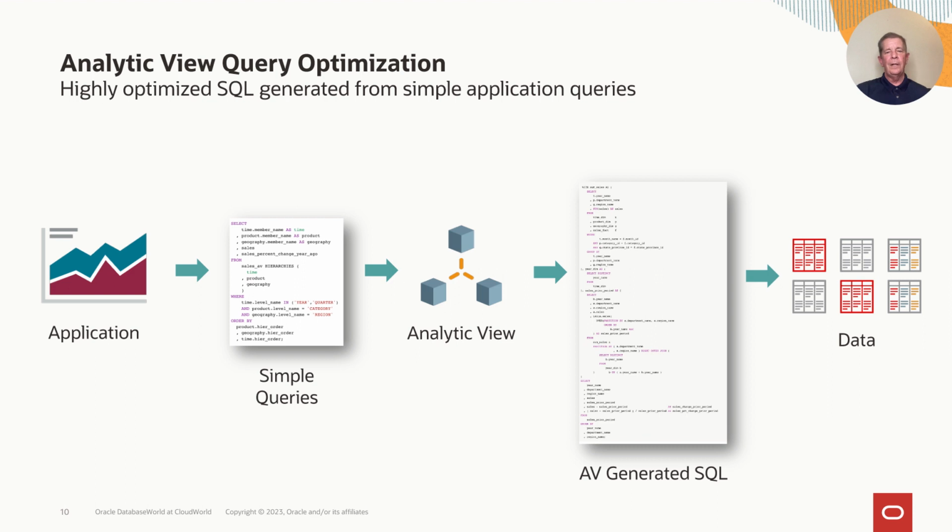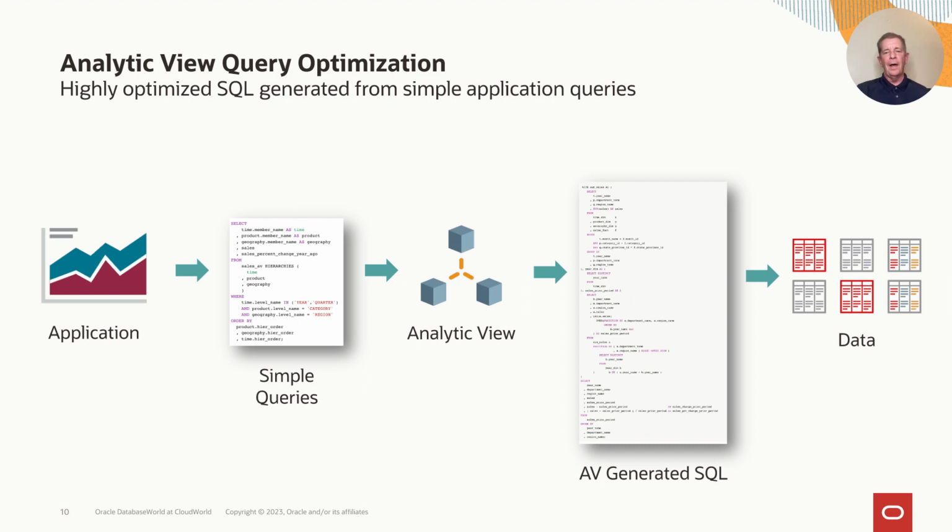Now, what's really great about this, aside from the fact that your SQL will be simple, is that the analytic view knows everything about your tables. It knows the structure, it knows what type of tables they are, it knows whether they're on object store or local in the database. It knows if it's a star schema or not. It knows all of this stuff. And it has its own built-in constraints. For example, in a hierarchy, it knows that it can expect many-to-one relationships.